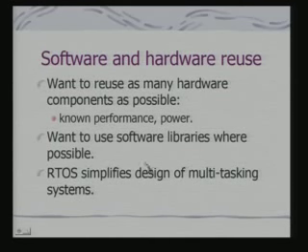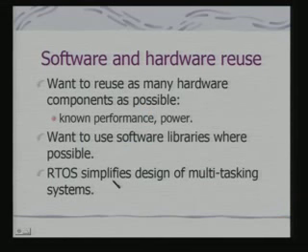We would like to use software libraries wherever possible, and we can do that by making use of the software platform, which can be accessed for an application through an API. And the software platform makes use of an underlying RTOS kernel, which simplifies the design of a multitasking system. So these are the basic features of the platform-based design approach.